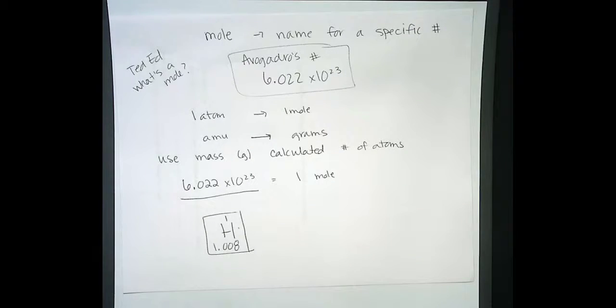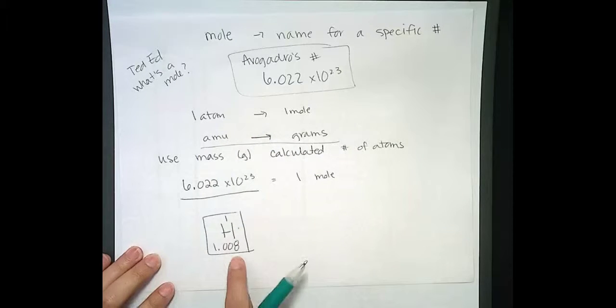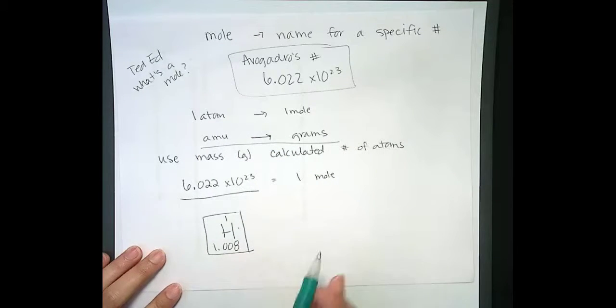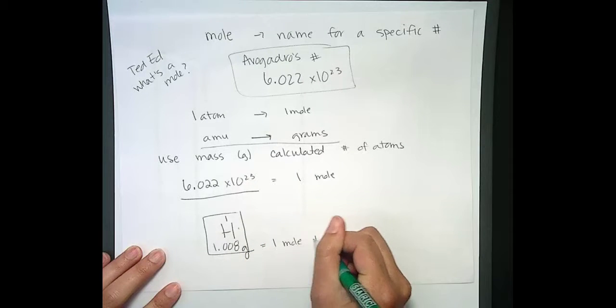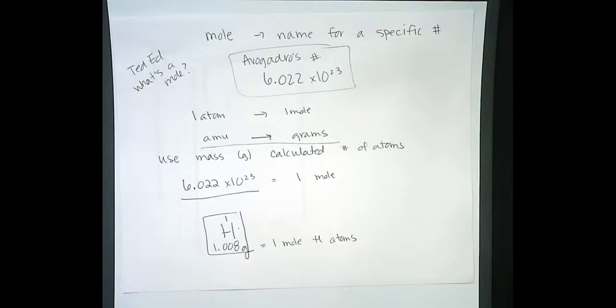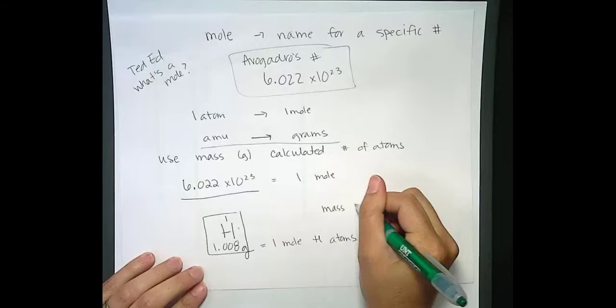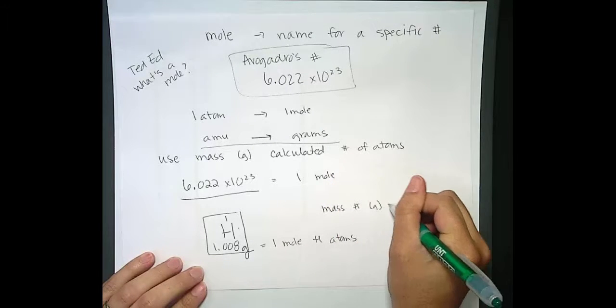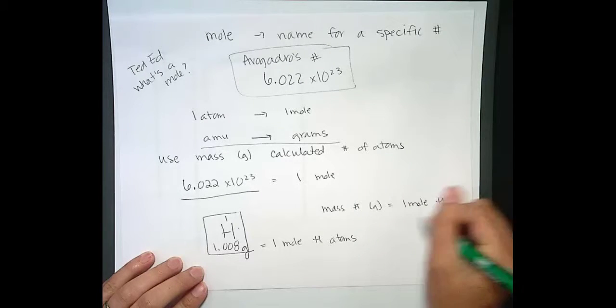The mole is the conversion factor between atomic mass units and grams. So instead of talking about 1, all I have to do is put a gram on there. And that is 1 mole of hydrogen atoms. This is another way of using the periodic table as a tool. So the mass number with unit grams equals 1 mole of that element's atoms.